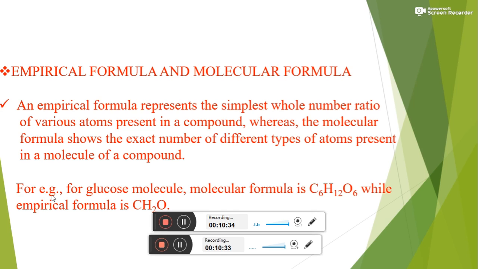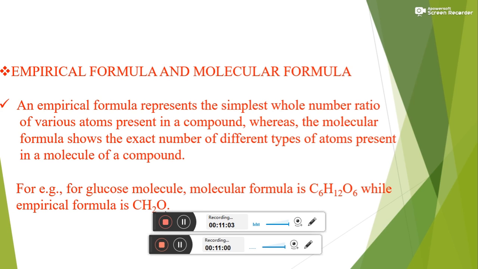For example, for the glucose molecule, the molecular formula is C6H12O6, where all the atoms are present in their exact number, while the empirical formula is CH2O.